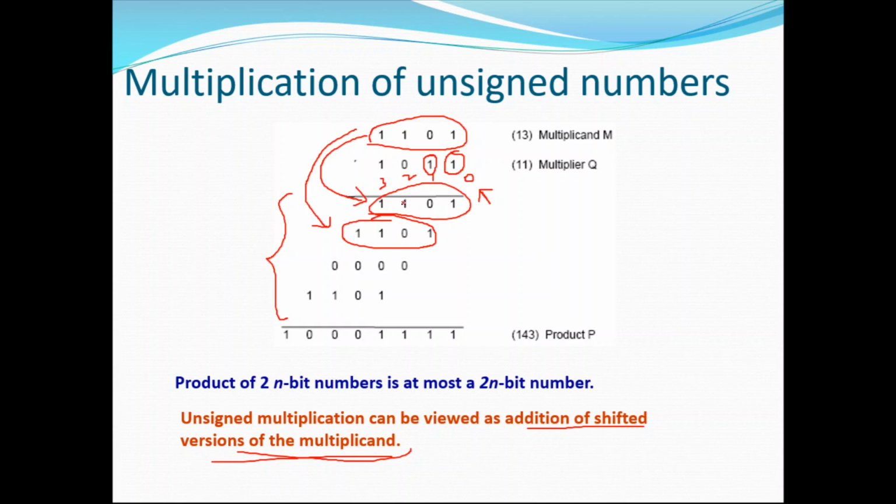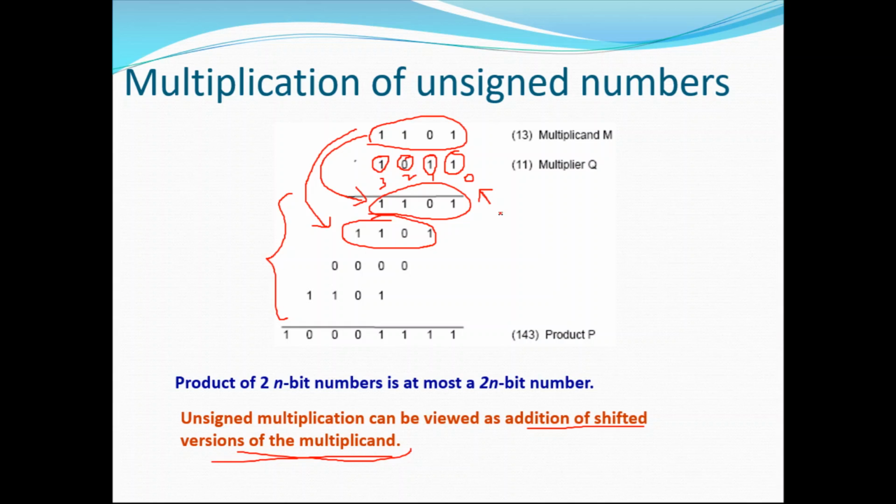If the second bit is 1, then copy the multiplicand and shift it by 2 times. But here the second bit is 0, so don't copy the multiplicand, but shift it by 2 times and fill up with zeros. If the third bit is 1, then copy the multiplicand and shift it by 3 times.